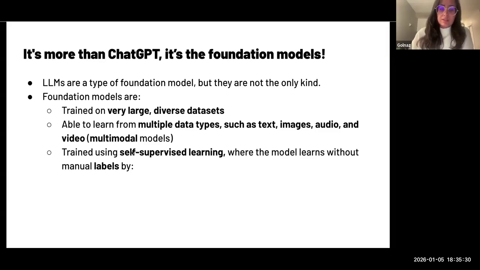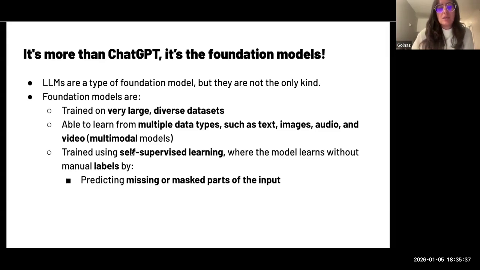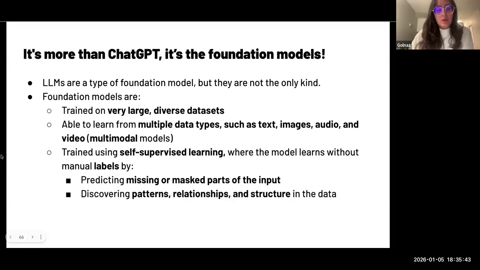So what you can do instead is teach your model to learn the information that is already in the data set. That could be, for example, learning to predict missing or masked parts of the input, or to discover patterns, or find which samples are similar to each other and which are different, if you don't have the exact label for everything.